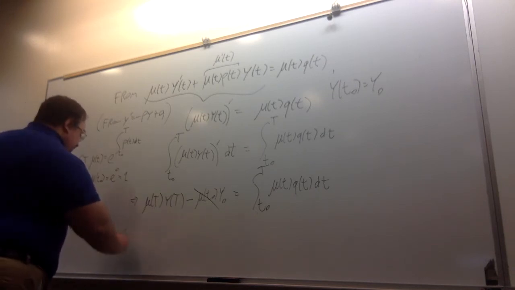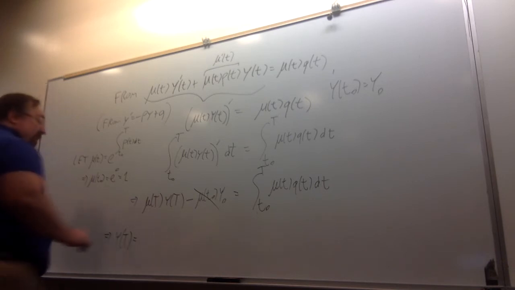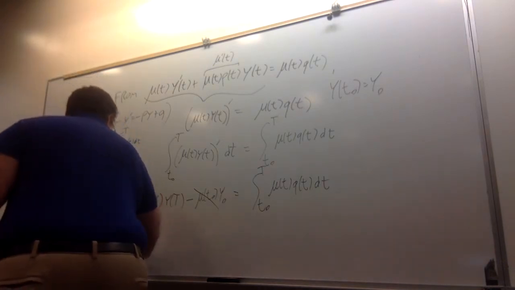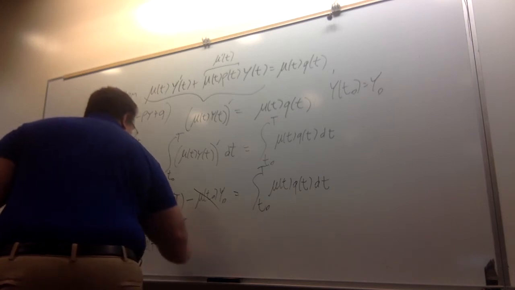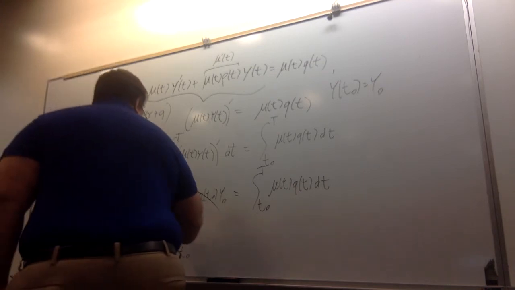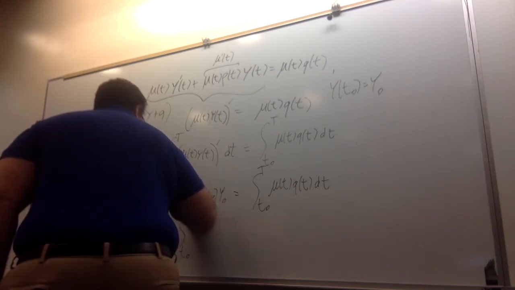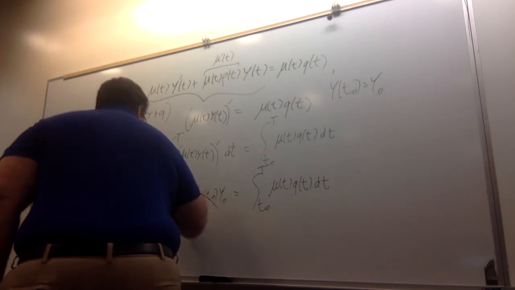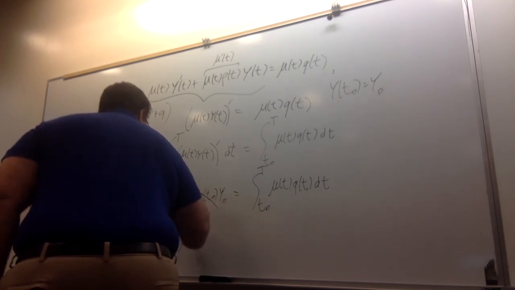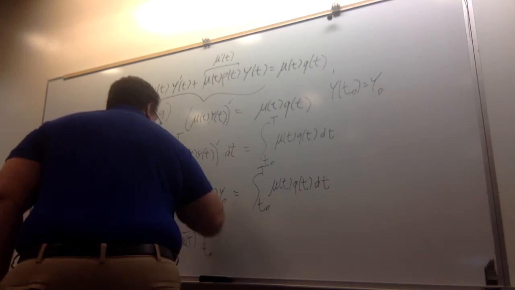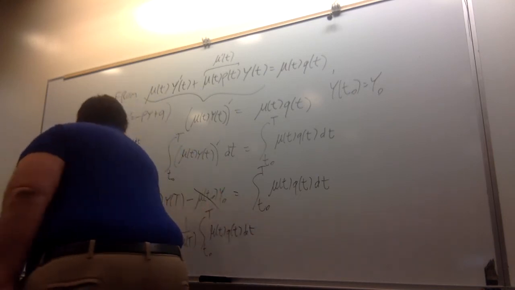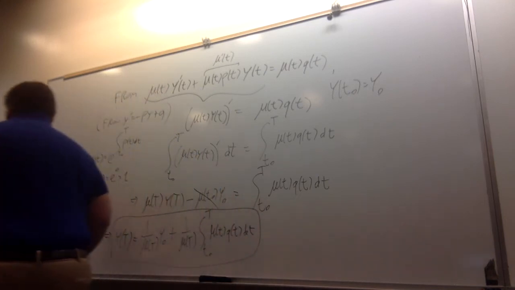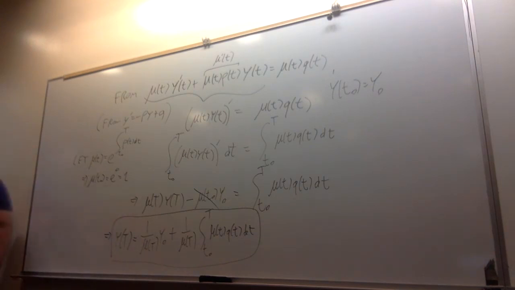So y of capital T is 1 over mu of T, times y naught plus the integral from t naught to capital T, integrating factor inside, of e q t dt. So this is an explicit solution that takes into account the initial condition.